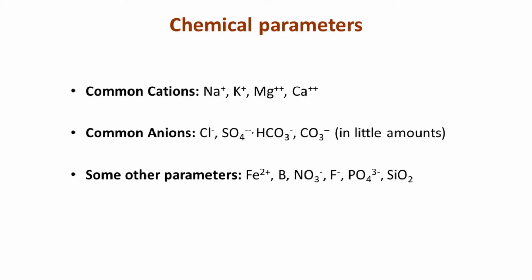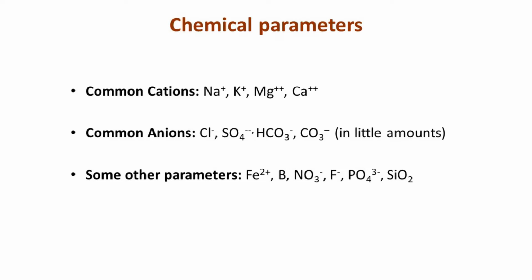There are various chemical parameters to understand the quality of water. The common cations present in groundwater include sodium, potassium, magnesium and calcium. The common anions present in groundwater in little amounts are chloride, sulphate, bicarbonate and carbonate.